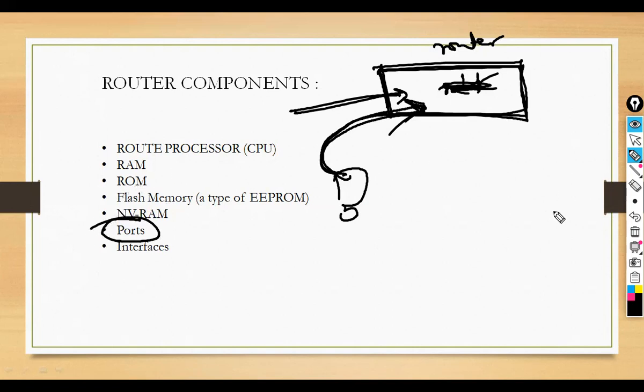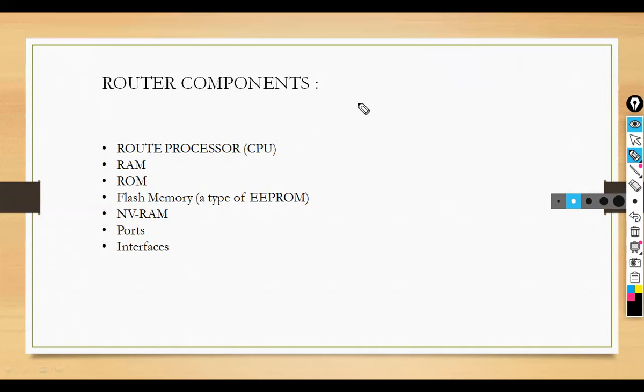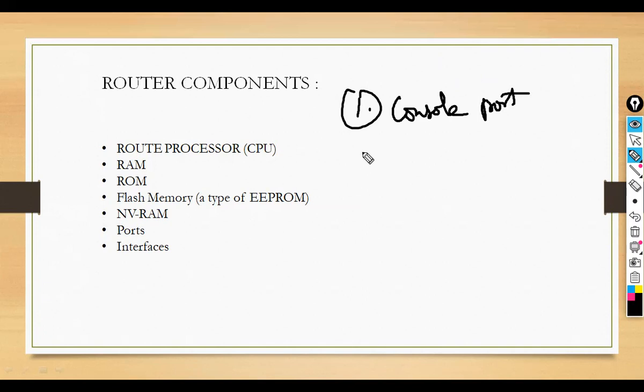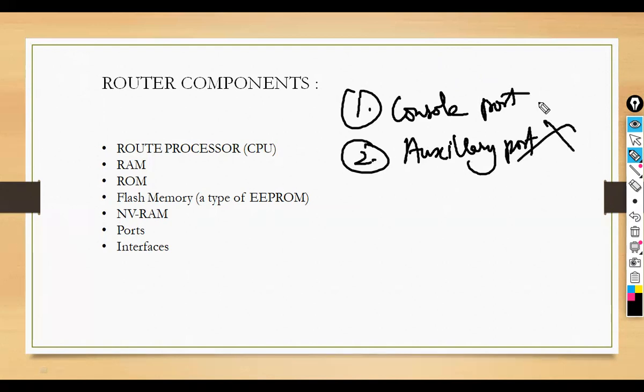Now, you have several types of ports. The first type is called the console port. The next type is called the auxiliary port, which is not used nowadays. The third port is called the VTY port.